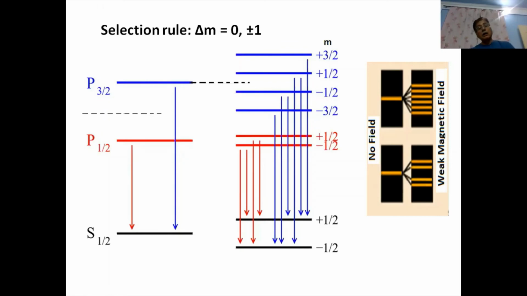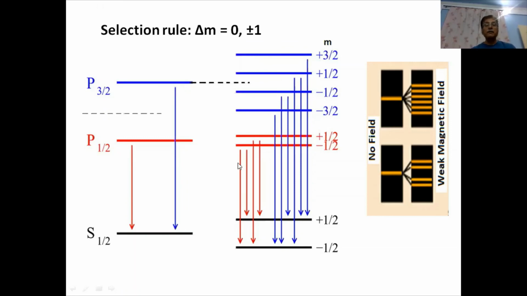Now, to get the spectrum, we have to go for certain selection rules. That means only those transitions will be allowed out of these levels for which delta M is equal to 0 or delta M is equal to plus minus 1. So let us see for a couple of such levels, which levels are allowed and which ones are not.